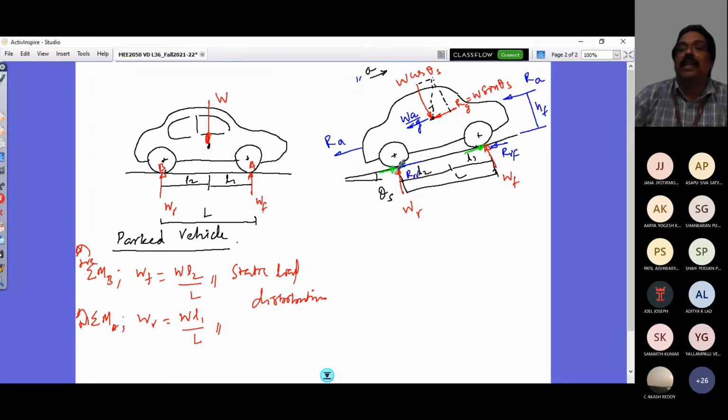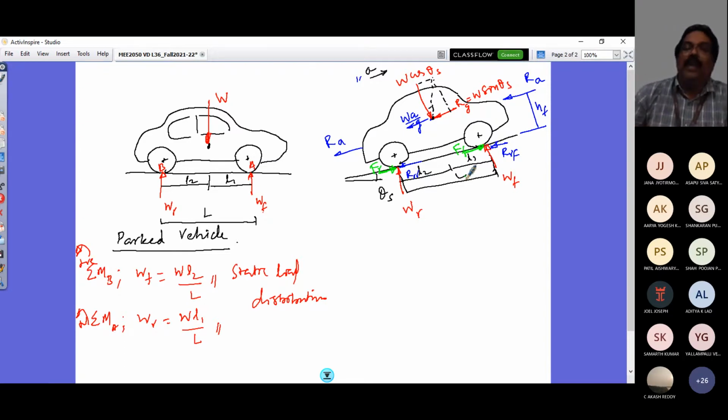This green color is what comes from an all-wheel driven vehicle. If I consider four-wheel drive, this is my FF, tractive force in the front, and tractive force in the rear, FR. So this is the free body diagram of my vehicle which is accelerating up the hill.